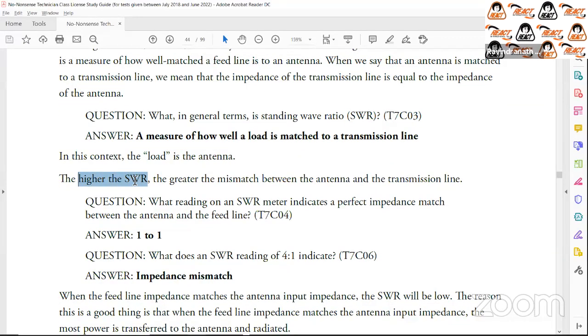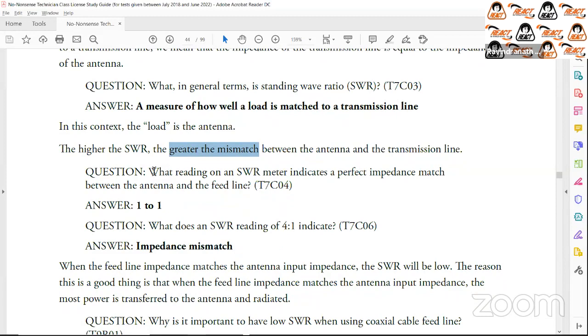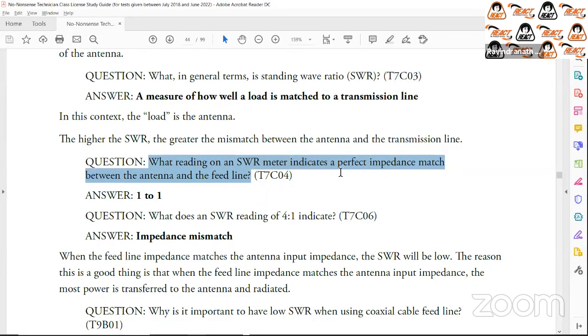They also tell us that the higher the SWR, the greater the mismatch, meaning a lot of your signal will be lost as opposed to getting out of the antenna and going to where you want it to go, to your receiver. What reading on an SWR meter indicates a perfect impedance match between the antenna and the feed line?